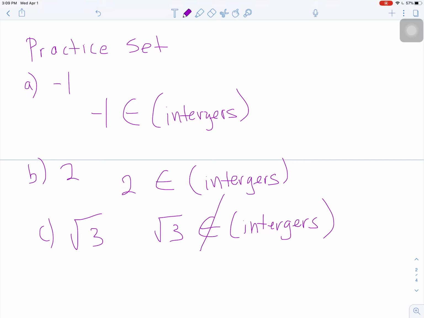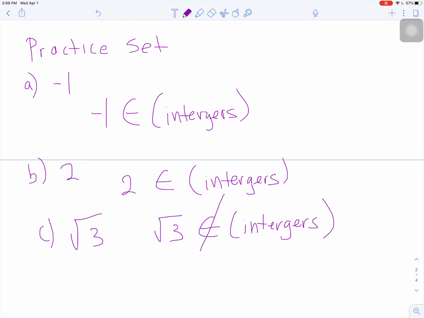All right, moving on to D. Use the subset symbol to show the relationship between A and B. A would be all triangles, and B would be all polygons.